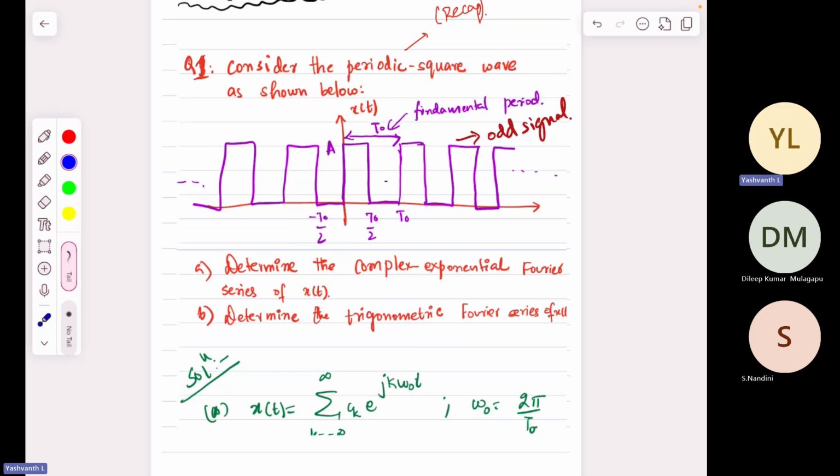Can anyone tell me why this difference came? We just shifted it by a small amount, and the entire Fourier series got changed. Can anyone tell me why only sine terms will exist for this signal, but only cos terms will exist for the slightly shifted signal?